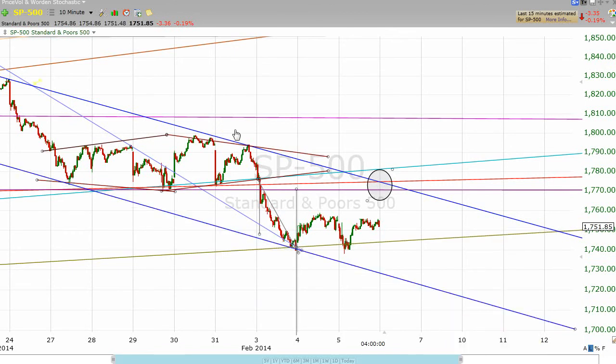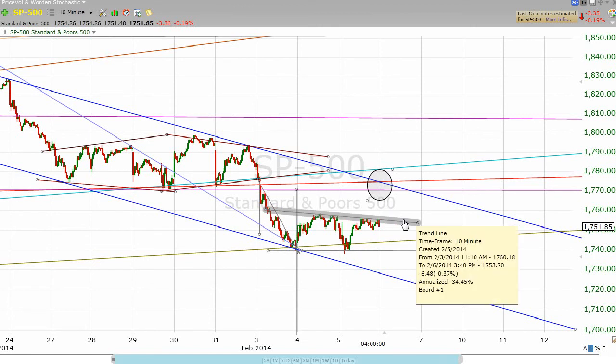So with that in mind, normally I would call that a little inverted head and shoulders pattern, except for the fact that we've got this low over here that matches it. So this could be a little reversal setting up, and if it is, it would not be a tremendously huge reversal, I don't think.